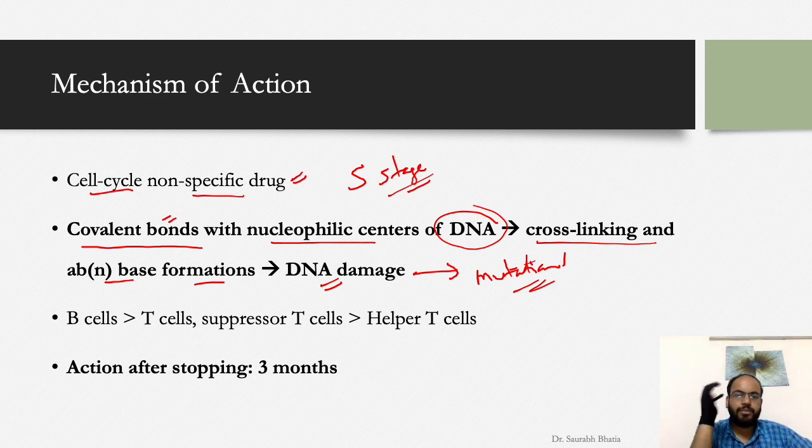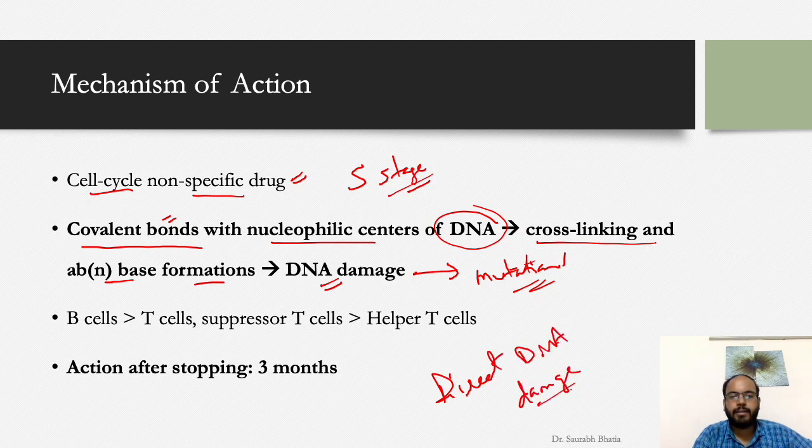Okay, so just to recapitulate, covalent bonds with nucleophilic centers of DNA leading to cross-linking, abnormal base formation leading to direct DNA damage, leading to mutations, leading to apoptosis. So remember that the mechanism of action of cyclophosphamide is direct DNA damage.